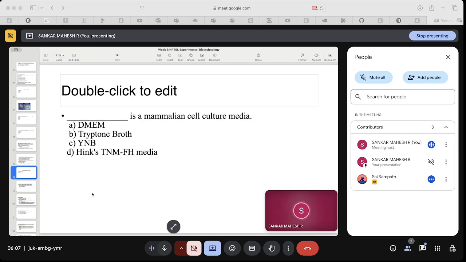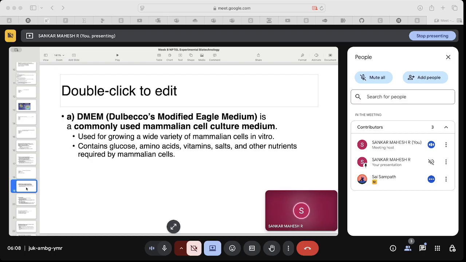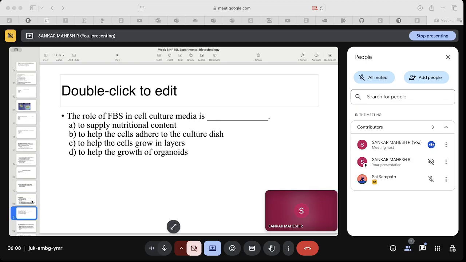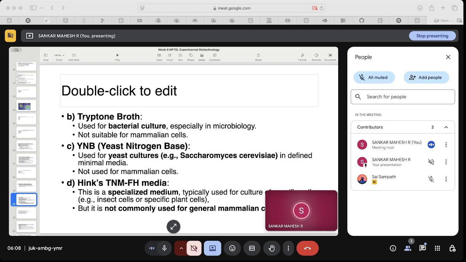Like you mentioned, it provides growth factors and hormones, which are essential for mammalian cell growth. DMEM doesn't do that, so it is not a complete media. Good. Do you have any idea about other broths? We saw yeast nitrogen base. Okay, we'll first go through the answer. It contains glucose, amino acids, vitamin salts, and others.